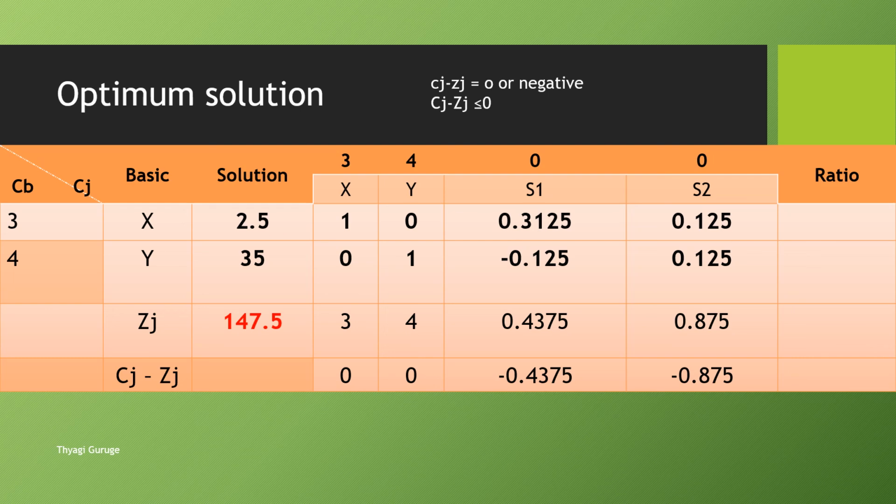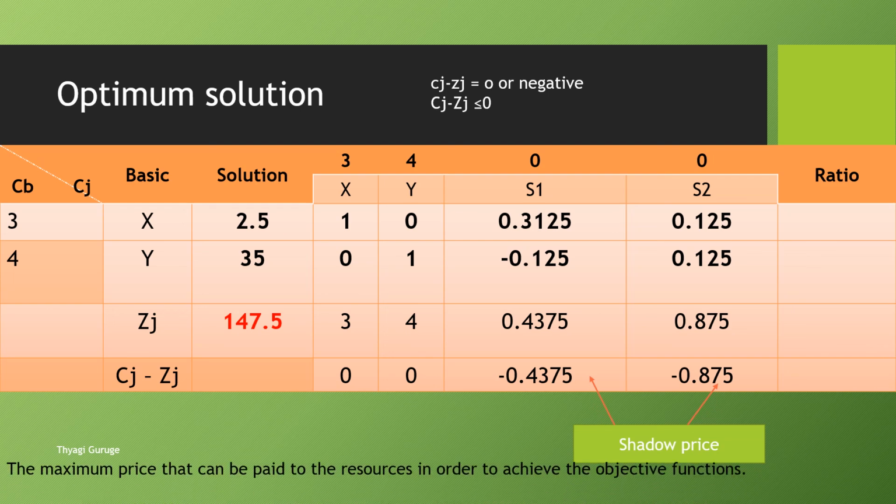Now, what are we going to do for these two prices? These two prices are known as shadow prices. Shadow prices are the maximum prices that can be paid for the resource in order to achieve the objective function.